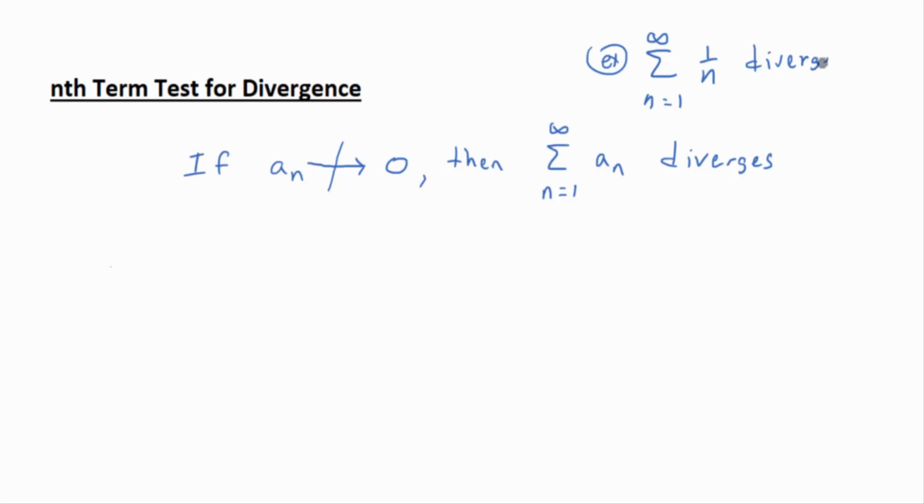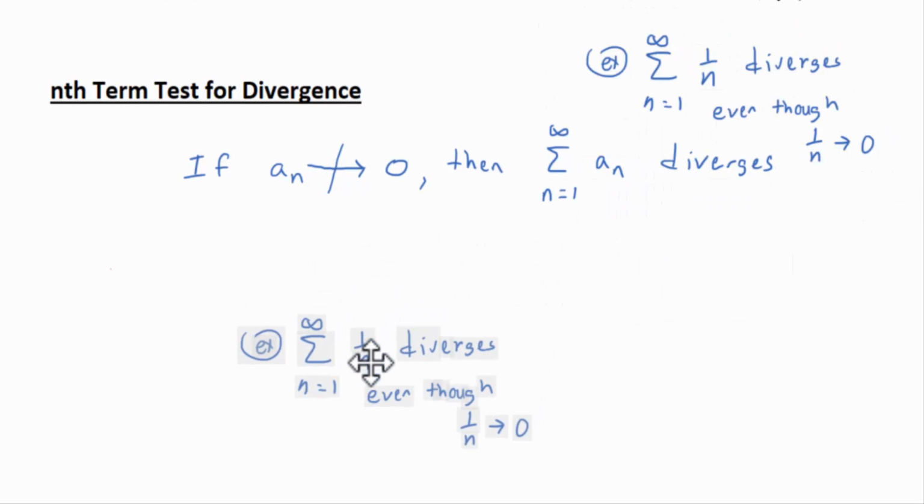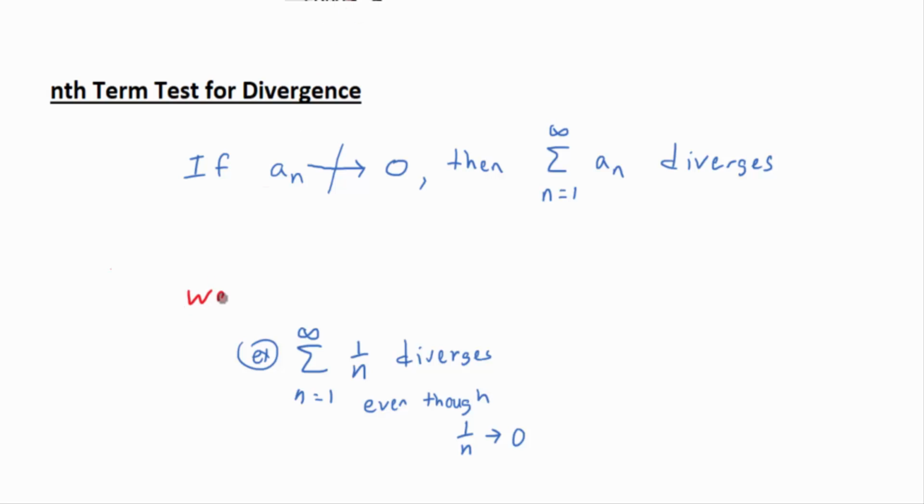This has to do with the warning above. If our divergence test doesn't work, then it doesn't mean that it converges. If a n does converge to 0, you haven't proved a darn thing. It's only if it doesn't converge to 0 that you've proved the series diverges.